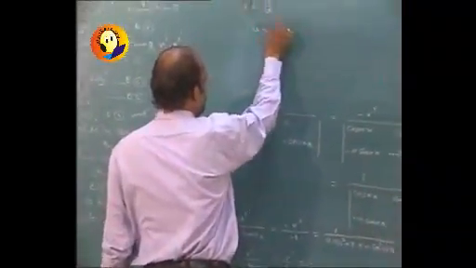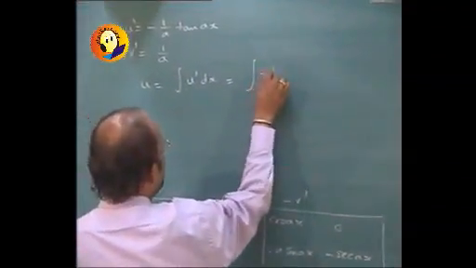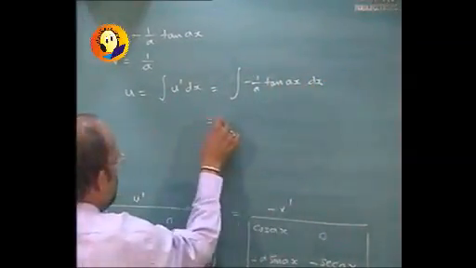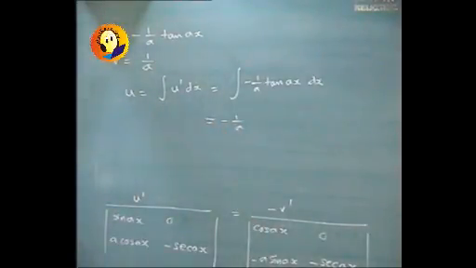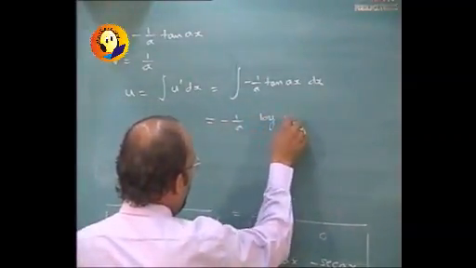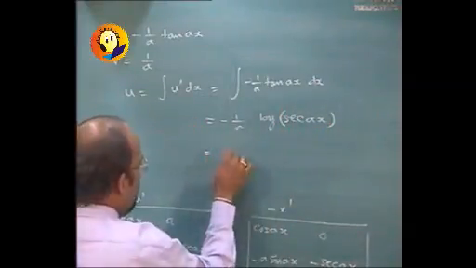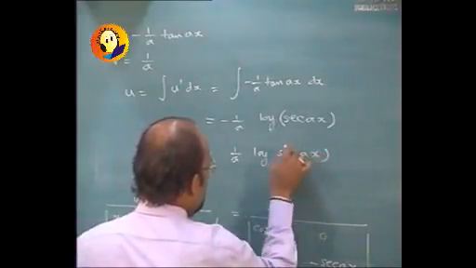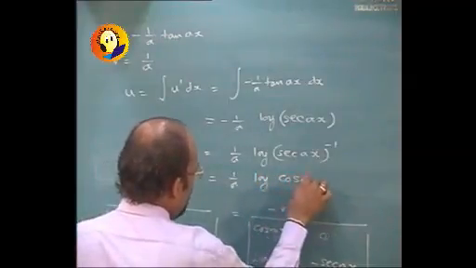So u will be equal to integral u dash dx, that is integral minus 1 upon a tan ax dx. So it is minus 1 upon a, integration of tan is log of sec ax, so it will be log of sec ax, minus sign can be absorbed, so it is 1 upon a log of sec ax raised to minus 1, which is 1 upon a log of cos ax.